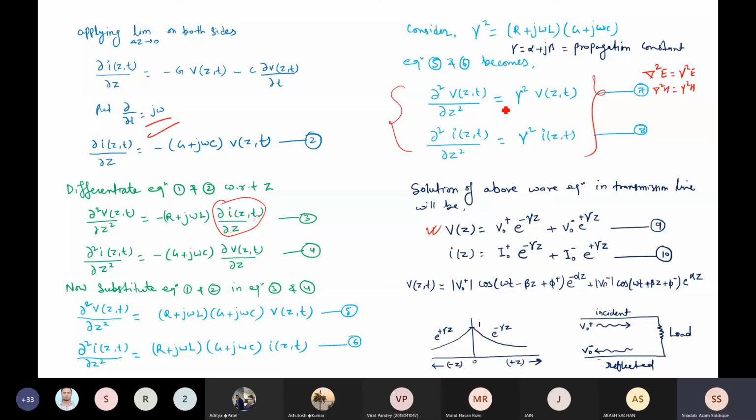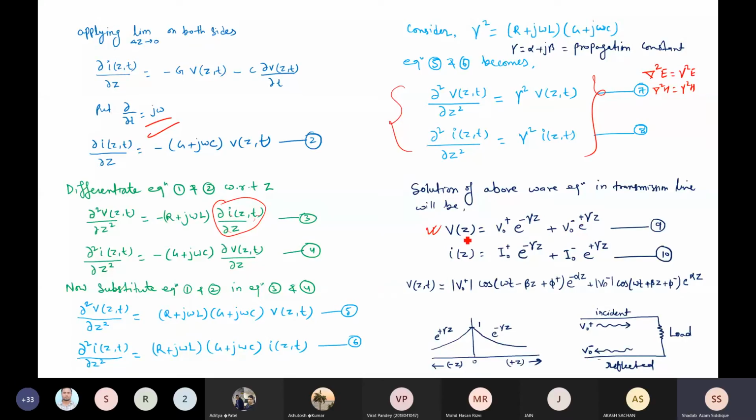This is a standard differential equation. The solution for voltage as well as current comes out to be A e^(−γz) + B e^(+γz), where A and B are constants. So we have written V₀⁺ e^(−γz) and V₀⁻ e^(+γz).